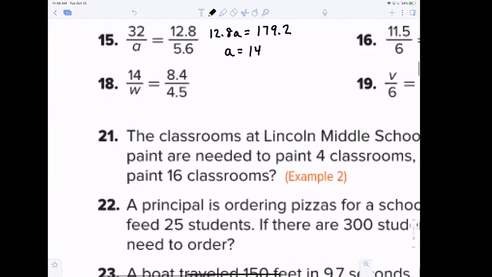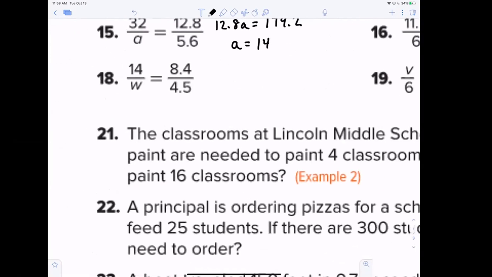Number 18, go. So we do 8.4 times w, and then we do 4.5 times 14, which is 36, and then, oh no, 63. 63, right?